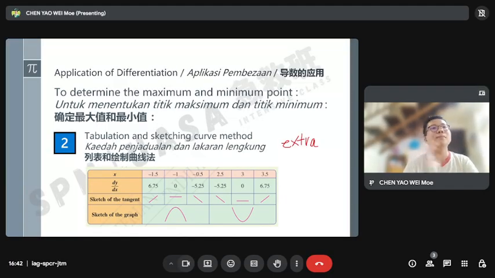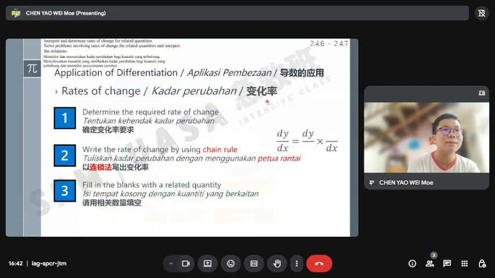Okay. The second application of differentiation is rate of change. It is actually what you learned in Form 4 Chapter 10 in Maths, one of the chapters that is quite easy for you. Now the first thing is to determine the rate of change.